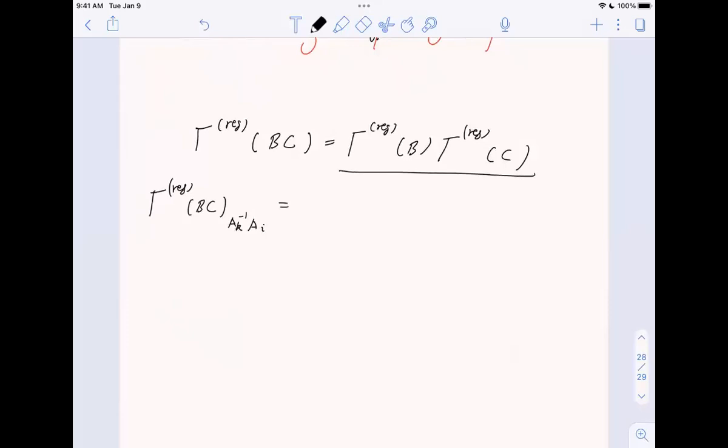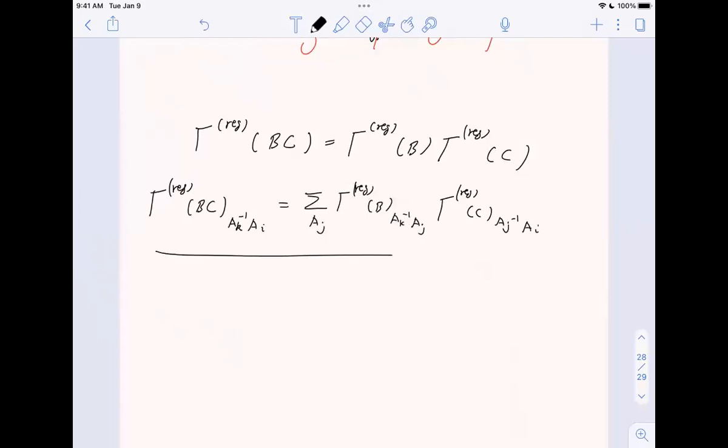If you want to do it as a multiplication, then you need to sum over AJ. This will be AK inverse and AJ, and then this will be C, this will be AJ inverse and AI. If we prove that this relationship holds, then it is a representation.